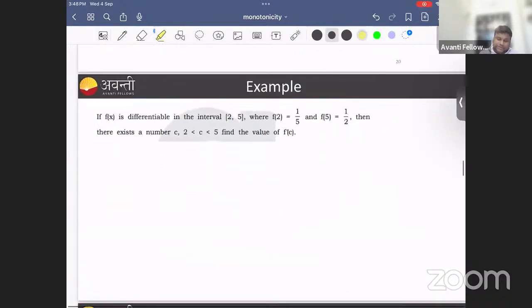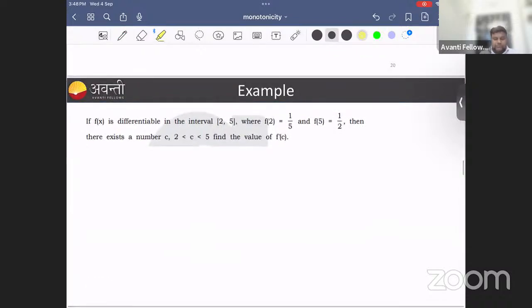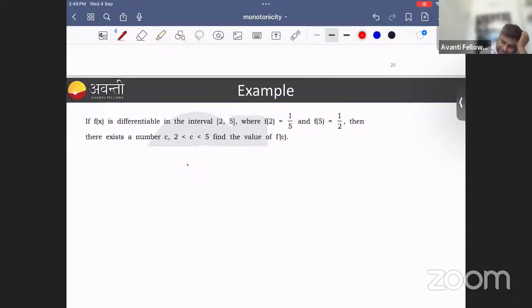Now see the simple example. f(x) is differentiable in 2 to 5 where f of 2 and f of 5 are given. Then there exists a number c which belongs to 2 to 5. Find the value of f dash c. Now, what did I just teach you? That f dash c is f of 5 minus f of 2 upon 5 minus 2. Am I clear?